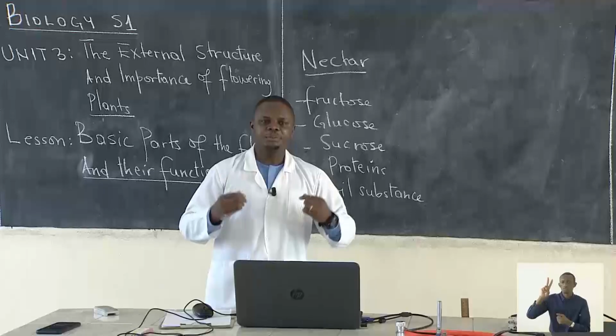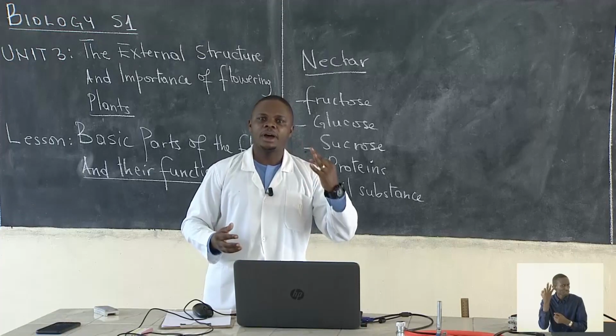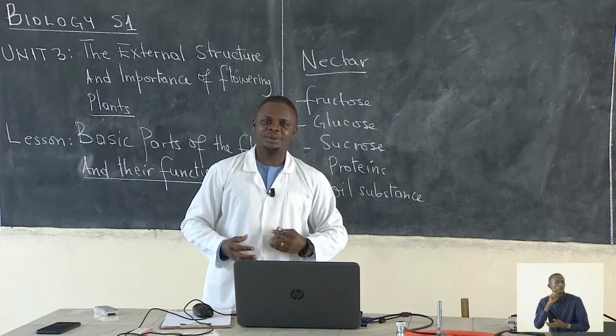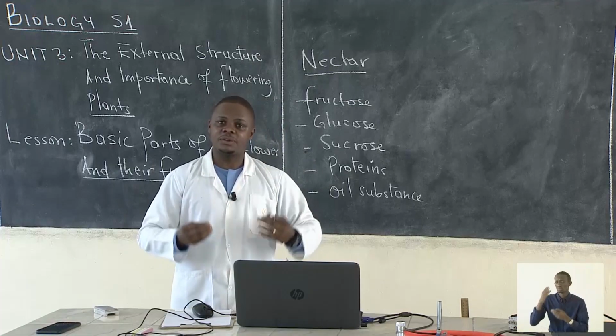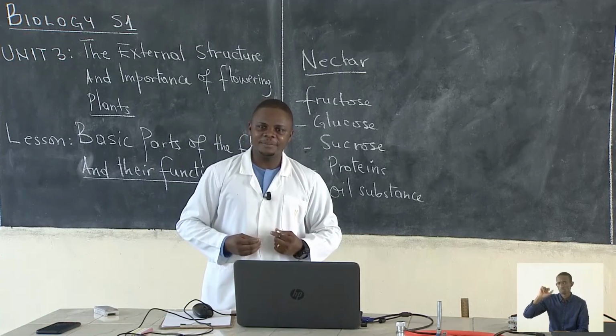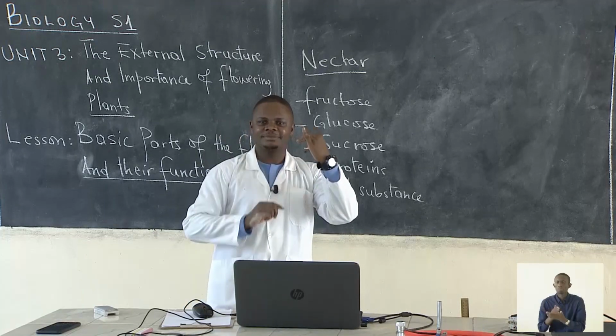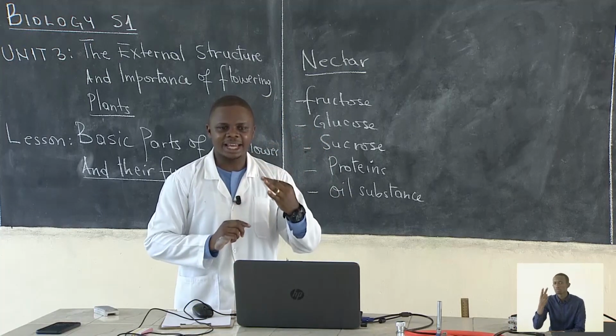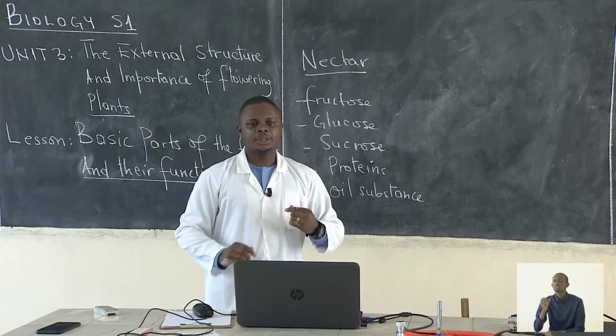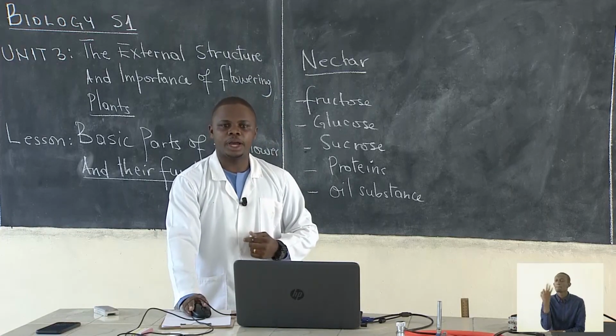Those are three main parts of pistil. Pistil, which is the female part of a flower. Can we repeat them? Pistil has three main parts: stigma, style, and ovary. And those parts perform different functions.